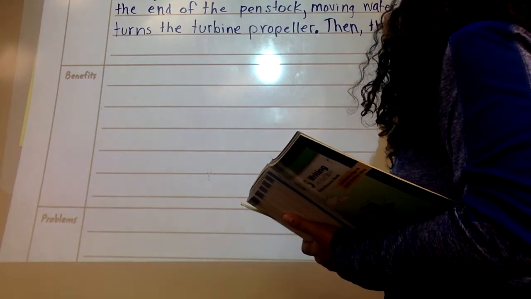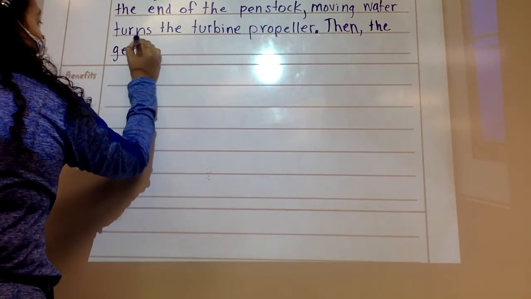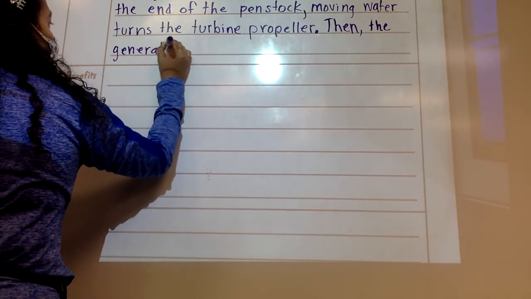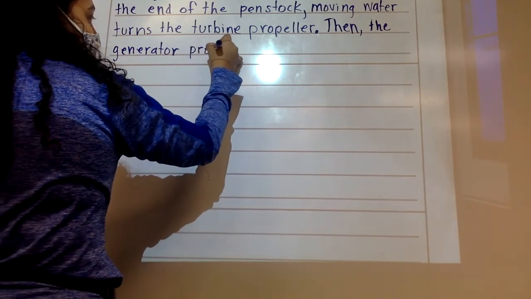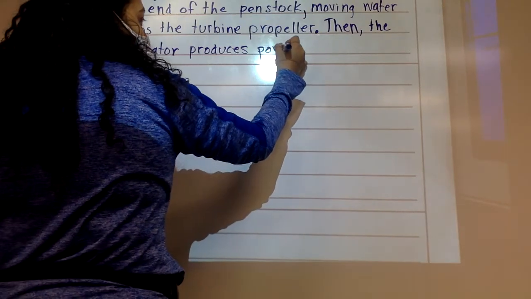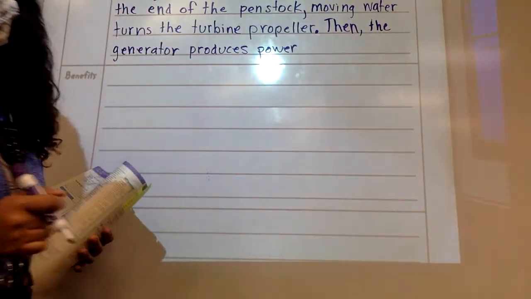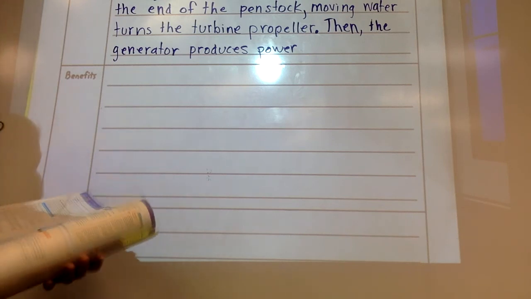Then the generator produces power, so it creates. I told you don't write too big. Try to write as fast as you can.